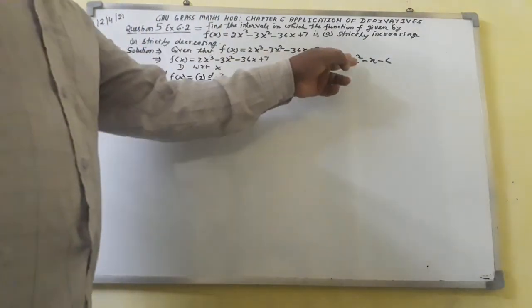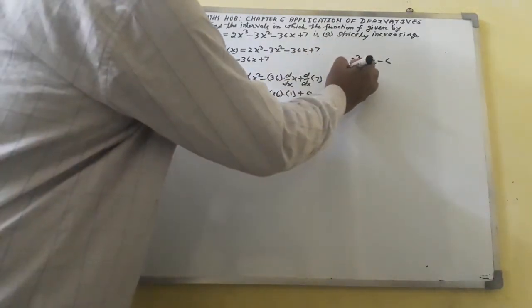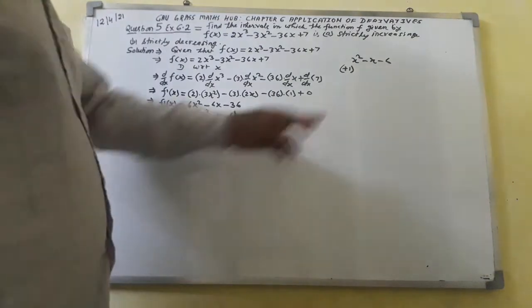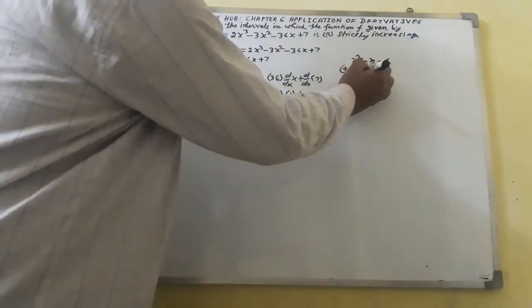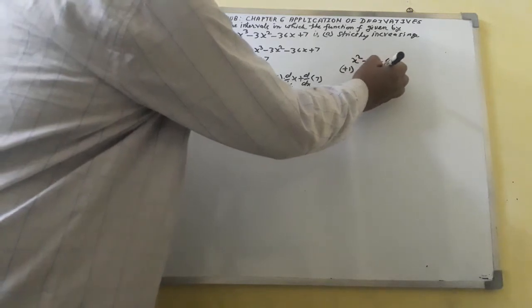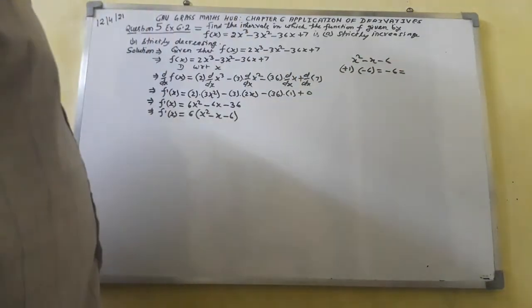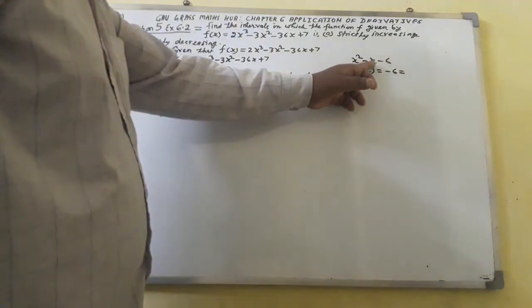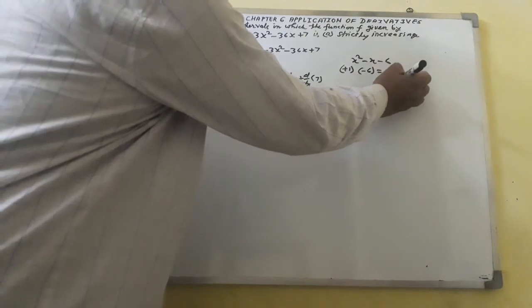Here the coefficient of x square is plus 1, the constant is minus 6, and both multiplied together give minus 6. The coefficient of x is minus 1.